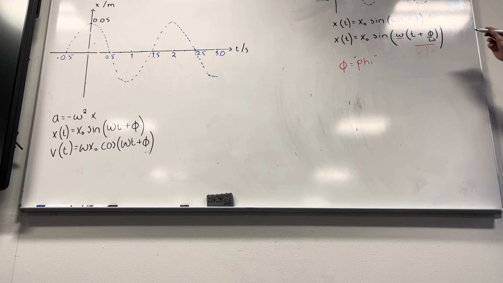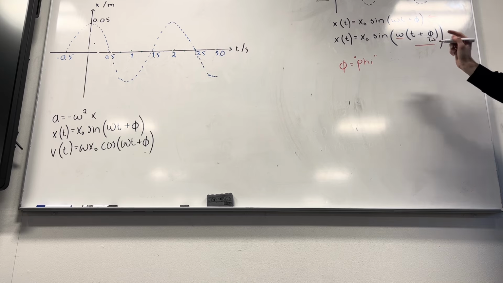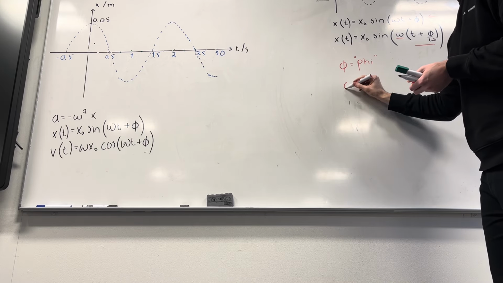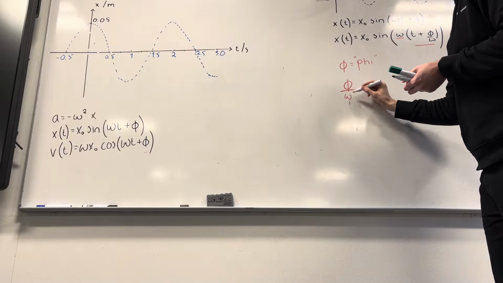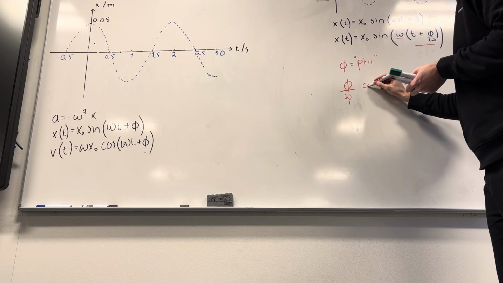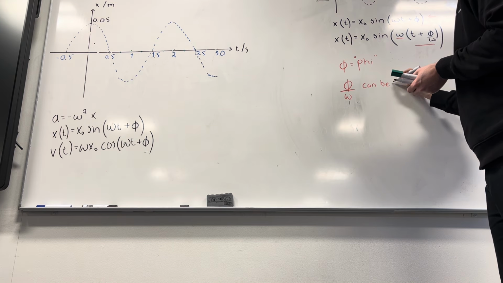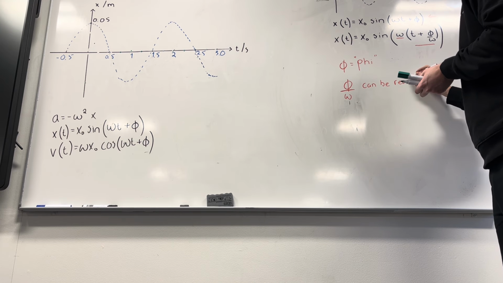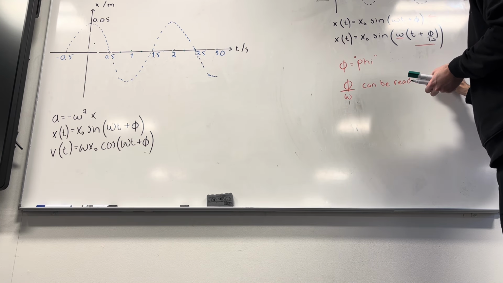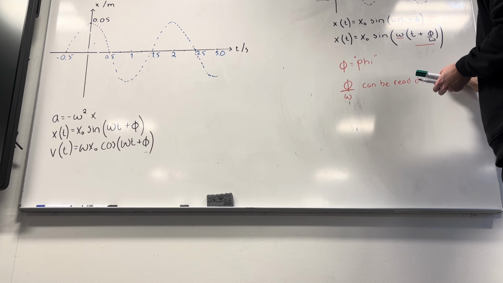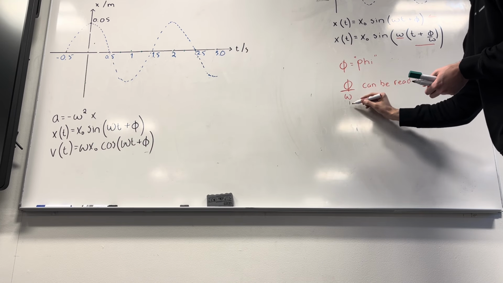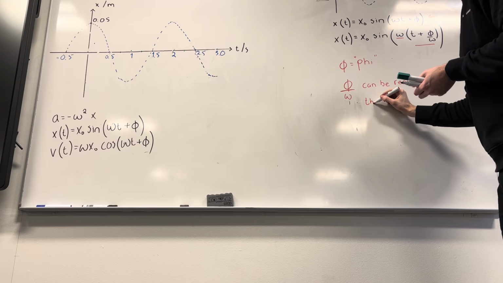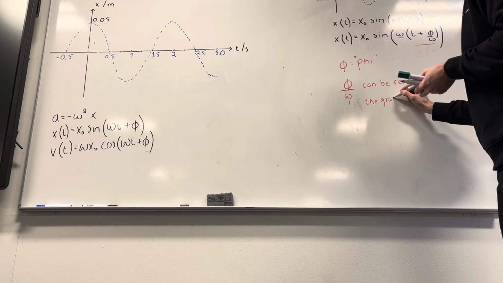But this size here, phi divided by omega, can be read directly from the graph.